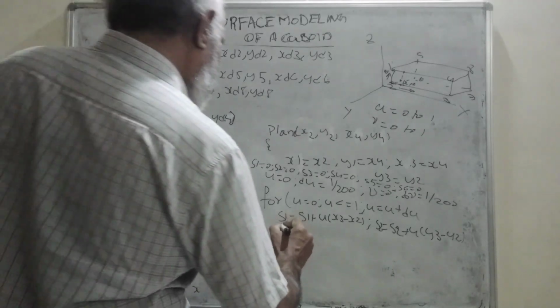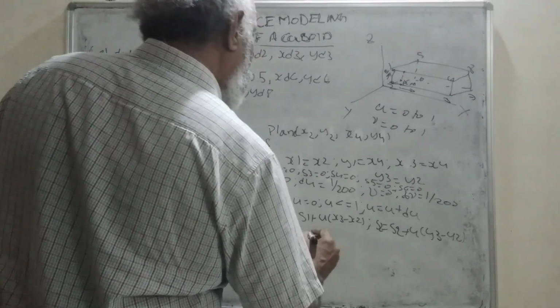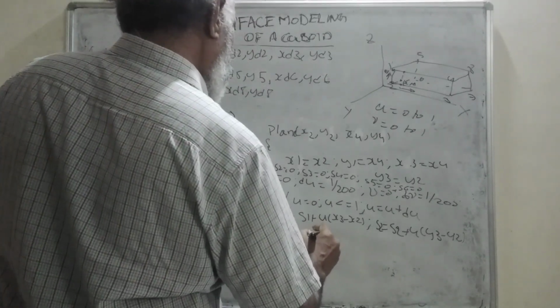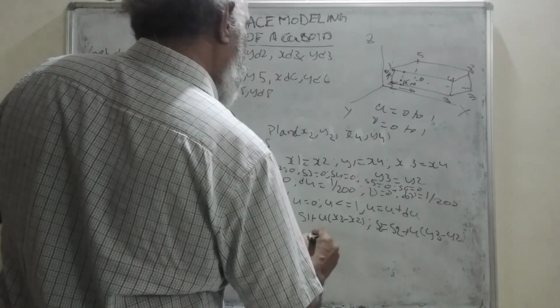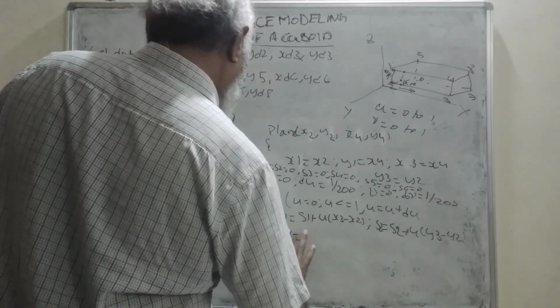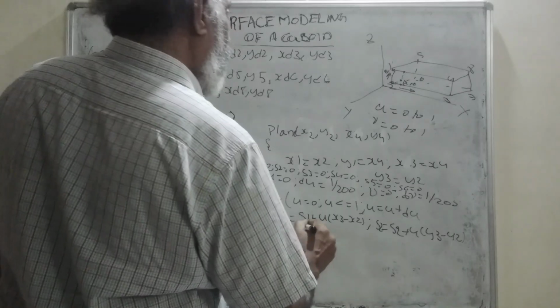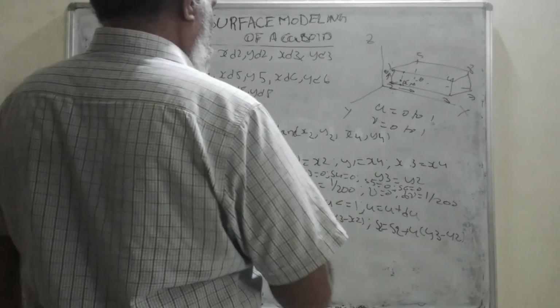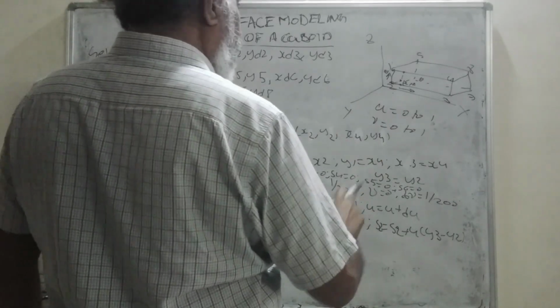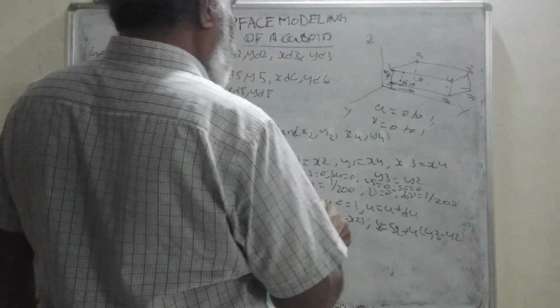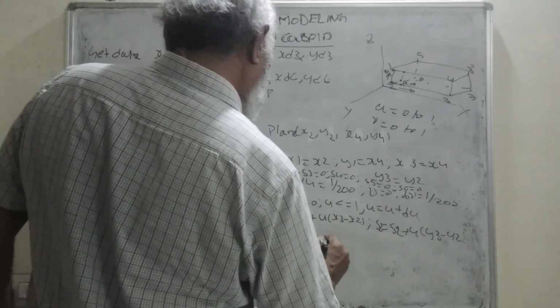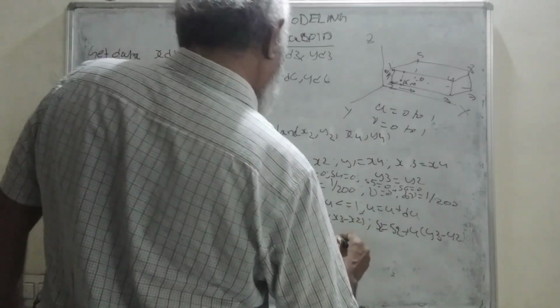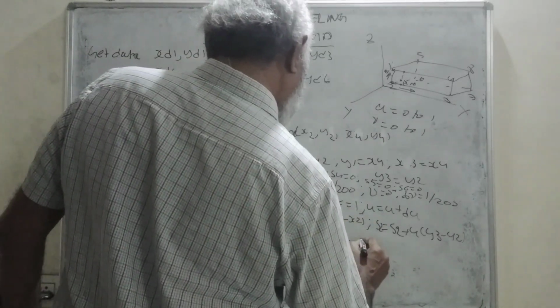Similarly, S4 is equal to S3 is equal to, so 1.32 is got, and S3 is equal to S3 plus u into x4 minus x1.